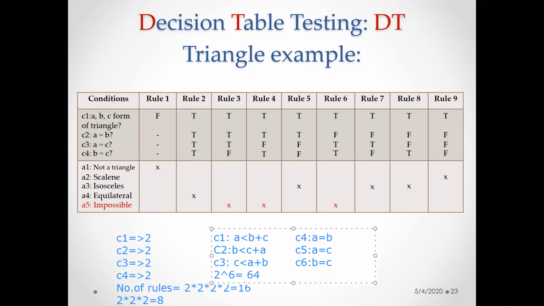So for that, you need to form 64 rules. Just imagine 64 rules. How can you form it? For this, I'll reduce the entire thing with respect to the first condition itself. If the first condition, that is A is less than B plus C, do I need to have this condition to check?